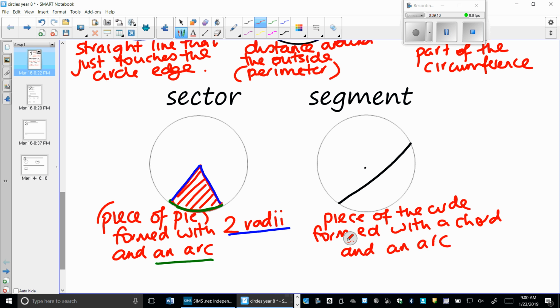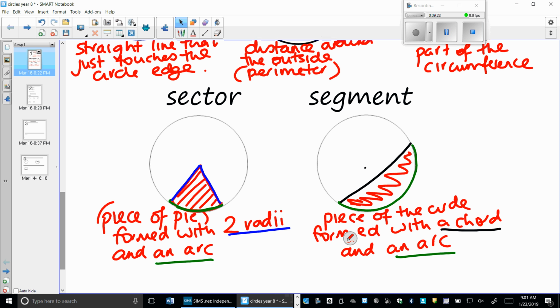It's a piece of the circle, so it's a chunk of the circle, and with a chord, which I did in black, and an arc, I'm going to do in green again. Okay, so it's this shaded bit here. So it's a piece of the circle formed with a chord and an arc.